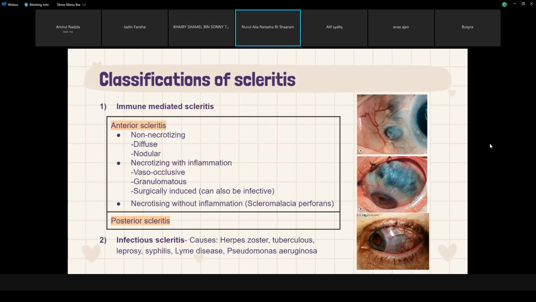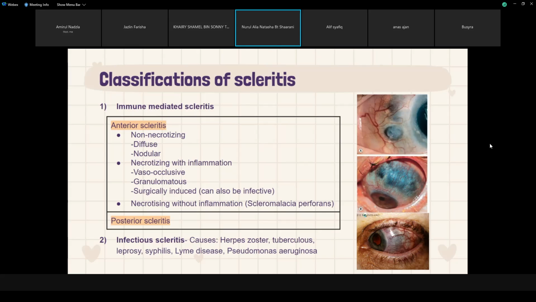The non-necrotizing is further divided into diffuse and also nodular. Necrotizing with inflammation is divided into three types, which is vaso-occlusive, granulomatous, and also surgically induced.